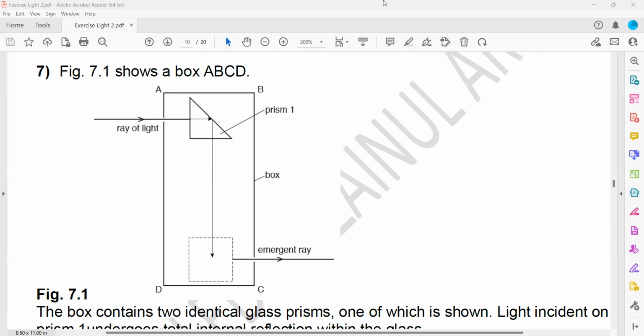Then another prism is placed and light strikes and undergoes total internal reflection. So when it strikes the denser to rarer boundary, it undergoes total internal reflection and this light will emerge out from the other side.